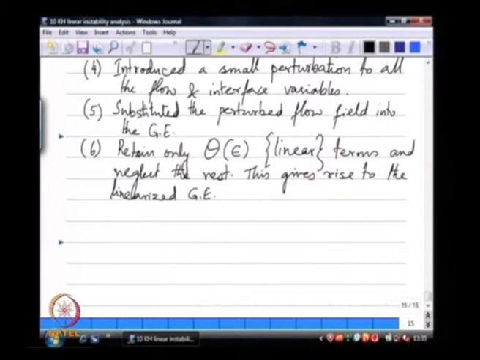Okay, at this stage what we have is a set of equations that the perturbed quantities obey up to order epsilon. The perturbed quantities behave as per those equations, because the mean quantities already satisfy the governing equation.